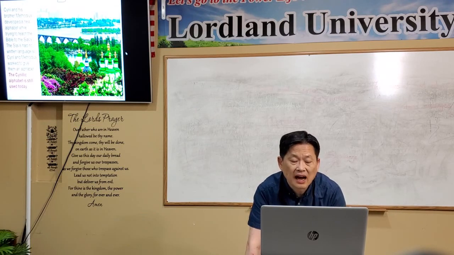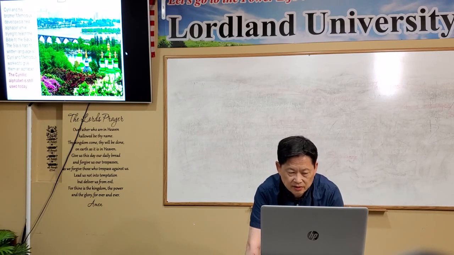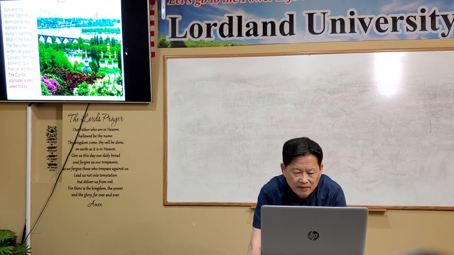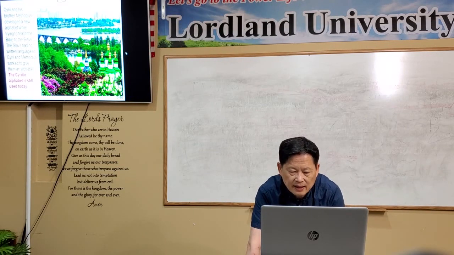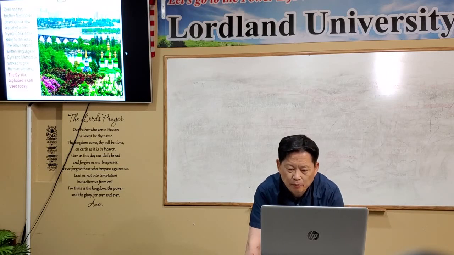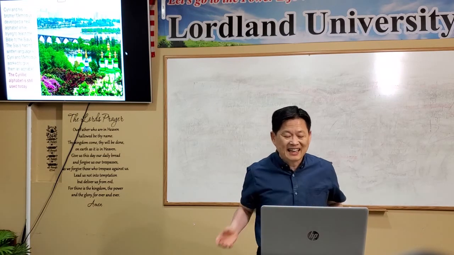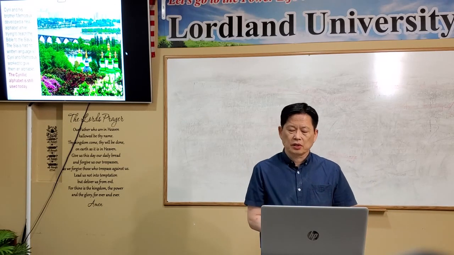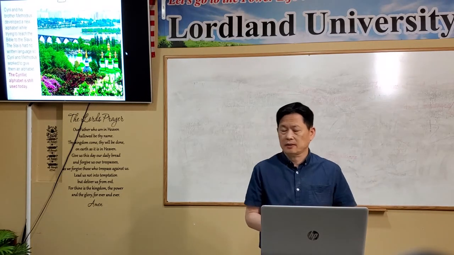The Slavs had no written language. Therefore, Cyril and Methodius worked to give the Slavic people an alphabet. This Cyrillic alphabet is still used today in Russia.